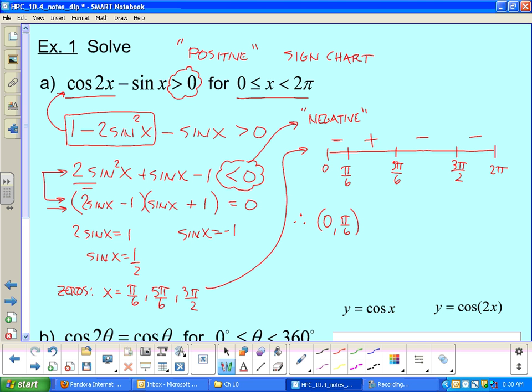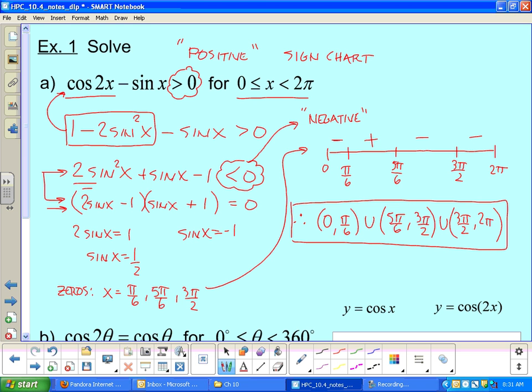And then we'll union that with 5 pi over 6 to a 3 pi over 2. And again, because 3 pi over 2 is where I'm actually equal to 0, I can't include it. So I have to union once again 3 pi over 2 to 2 pi. And there's my solution, where all the values of this inequality satisfy.